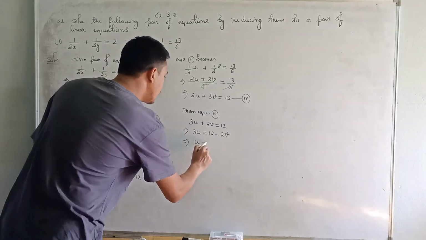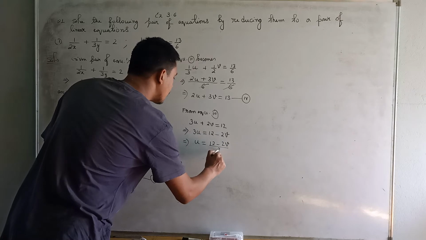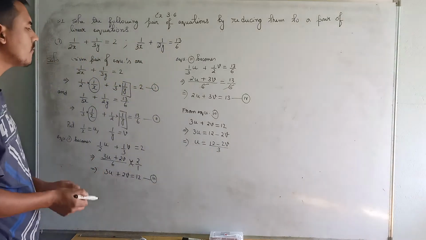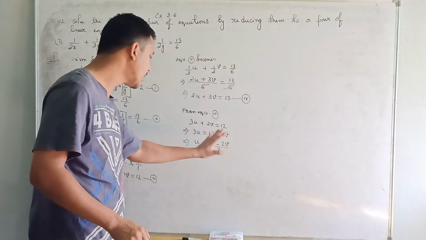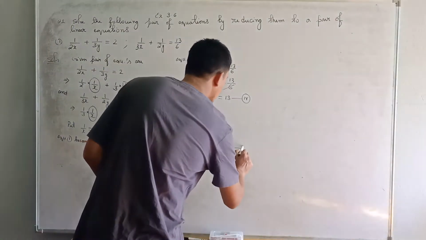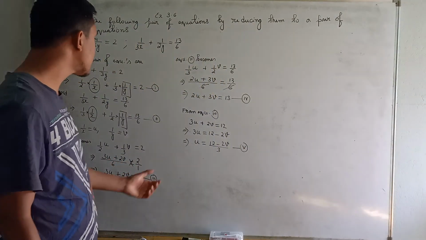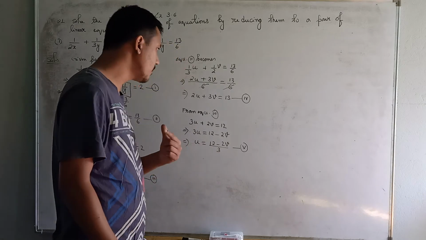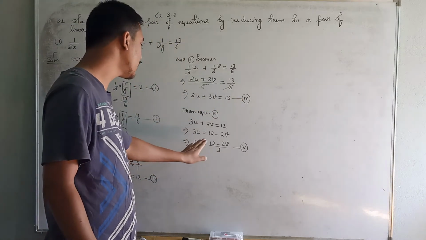So your u will be 12 minus 2v upon 3. So we have obtained u, but it is in terms of v. So we can make this as equation 5. Now let's substitute this value of u in the other equation 4, because we have obtained u from 3.